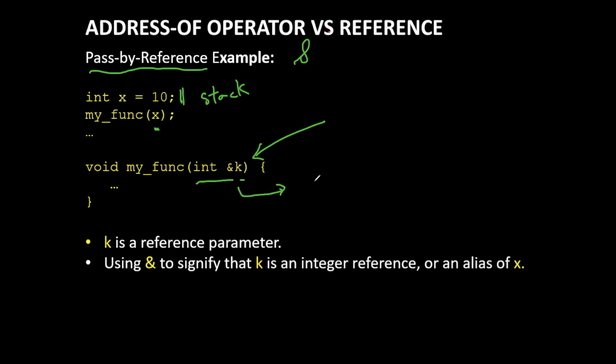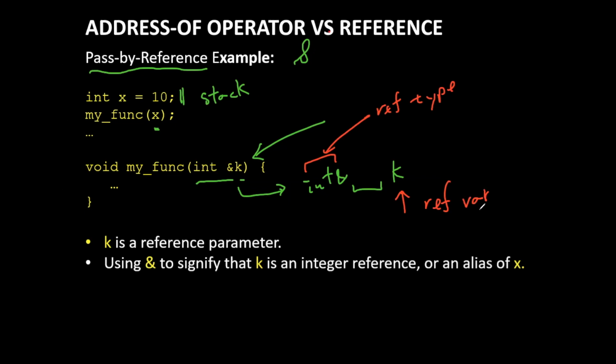This could also be written as integer ampersand space k, where this integer ampersand is referred to as reference type, specifically an integer reference, whereas k would be referred to as reference variable. In other words, this k is an alias of X.